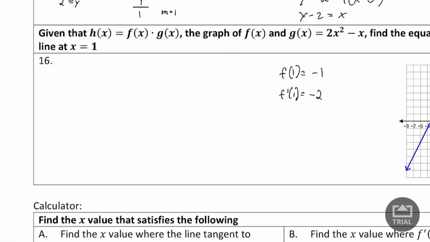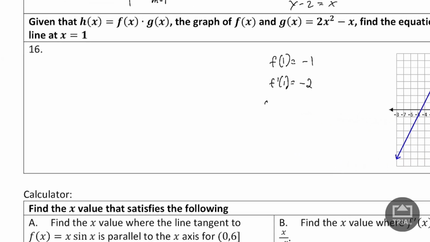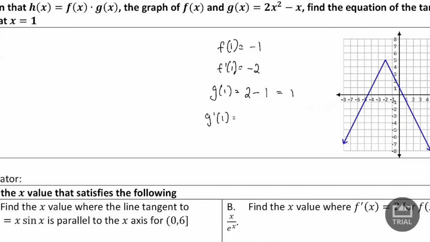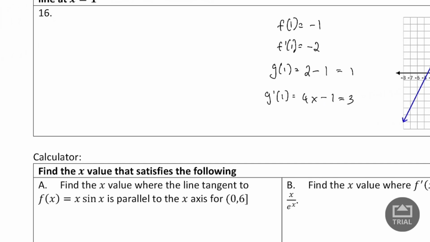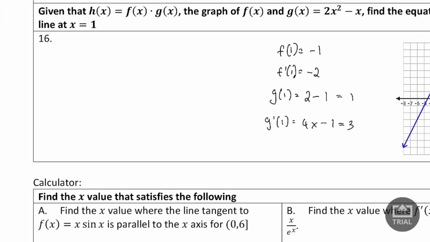So g of 1 is basically 2, and 1 squared is just 1, minus 1. So it's basically 1. And the derivative of g, which would be 4x minus 1, plug in 1, so it would just be 3. 4 times 1 is 4, 4 minus 1 is 3. Now I'm going to go back to getting the derivative of h of x.